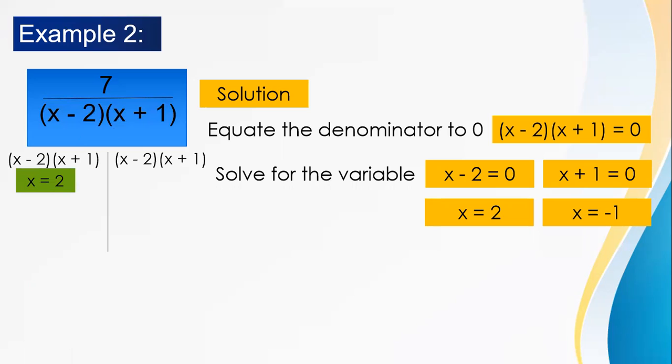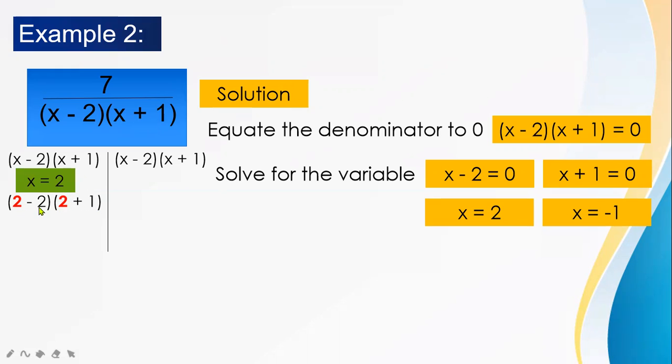First, using positive 2, what will be the value of this expression if you substitute the value of x, which is positive 2? Change x to positive 2: 2 minus 2, and then the other one, 2 plus 1.